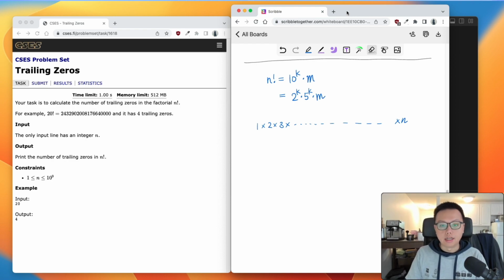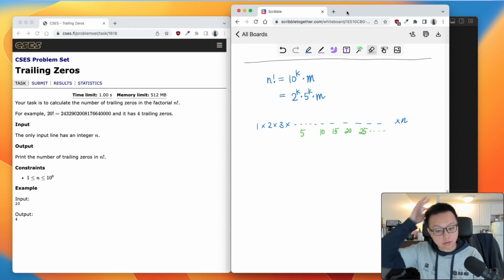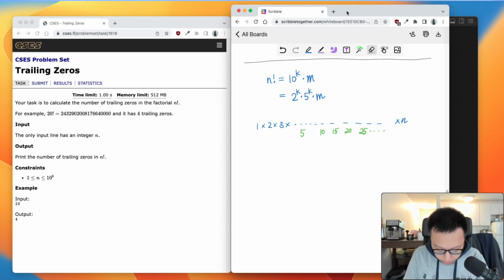And for every fifth number in the sequence, we can factor out a 5, right? So we can have 5, 10, 15, 20, 25, and so on. So for every 5 numbers, we can factor out a 5. So we get 5 here, 5 here, 5 here, 5 here, 5 here.